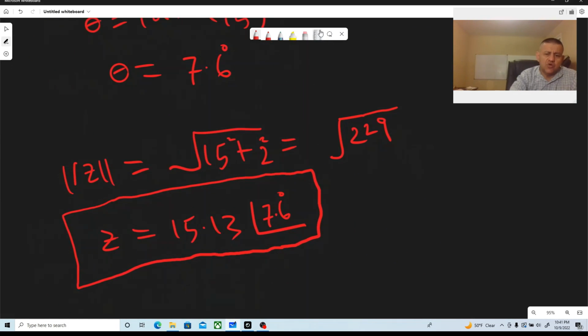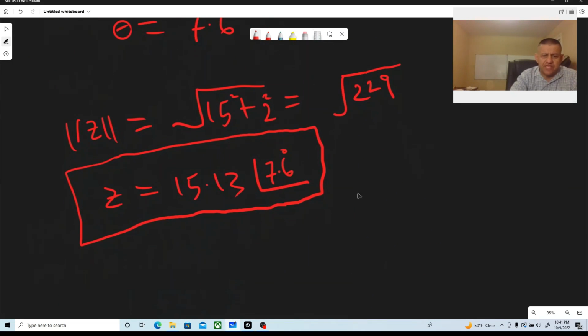So that will be the answer for this in polar coordinates. The impedance will be that, right? And eventually we will go from polar back to rectangular. So that's the answer for that.